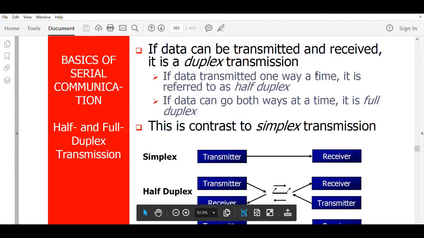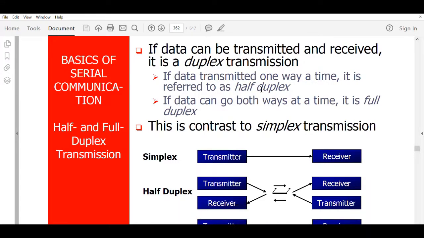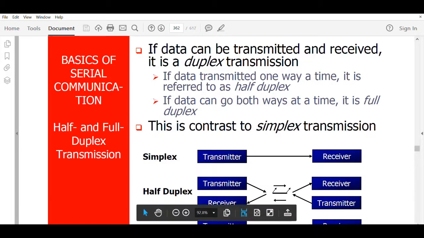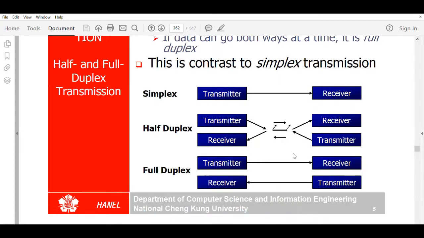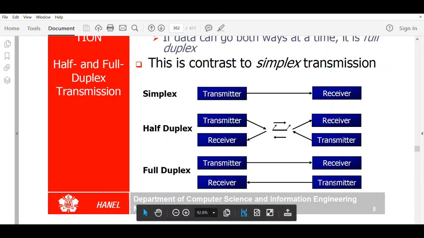If it's transmitted one way at a time, it is called half duplex, and if the data can go both ways at a time, it is called full duplex. Here you can see that in full duplex you have two lines. The transmitter can transmit to the receiver, and also from here it can transmit to the receiver. So you have two lines, and that is called full duplex.